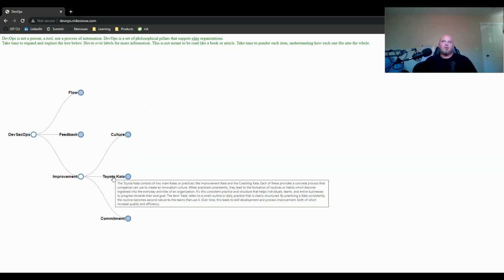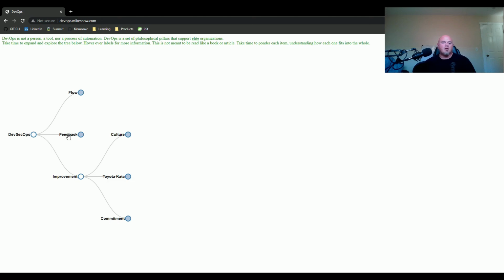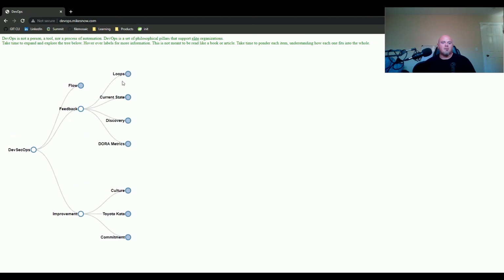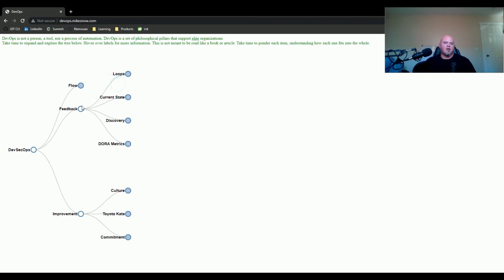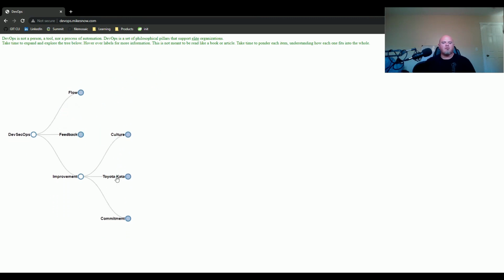I couldn't go through this without talking about Toyota Kata. So explicitly improvement, and we talked about this a little bit with the feedback loops, specifically the balancing loop. The balancing loop is about setting a goal and what it takes to get there. Toyota Kata is a more articulated, concrete way of doing that.